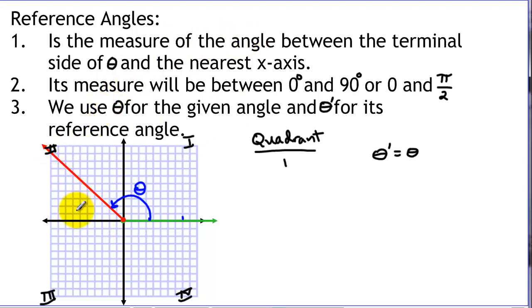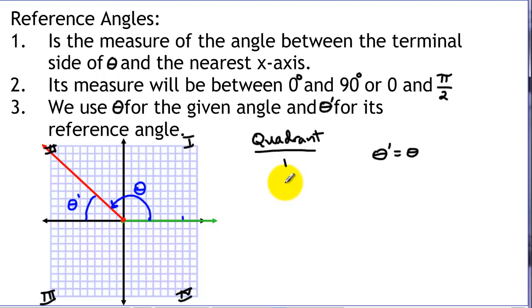So the nearest x-axis is here, not over here. So the measure of this angle will be our theta prime. If I knew this angle and wanted to calculate this angle, those two angles together when we're in quadrant 2 add up to be 180. So to get this angle, I could take 180 and subtract from it theta.